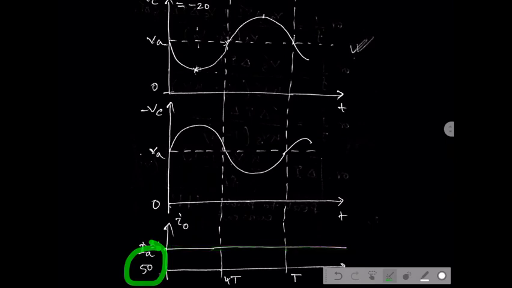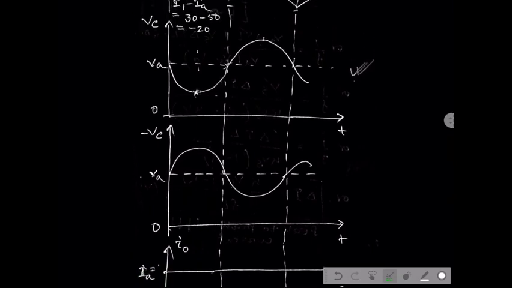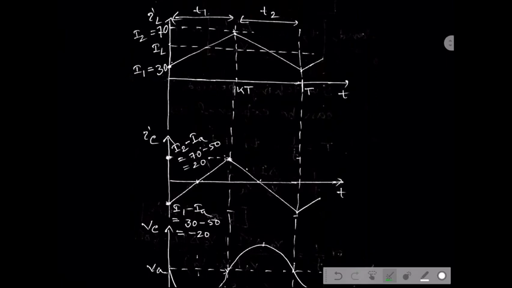That means we can assume in all cases, during mode 1 operation and mode 2 operation, the output current should be 50 ampere, as it will give us the DC part. It's a constant in magnitude. So if we consider this, what happens during the inductor current charging and discharging path? Now see, IC equals I1 minus IA.